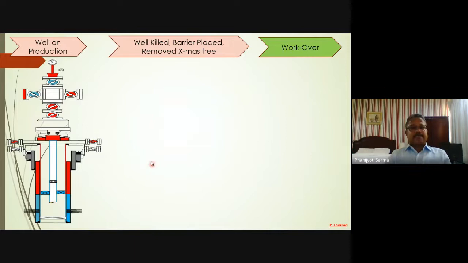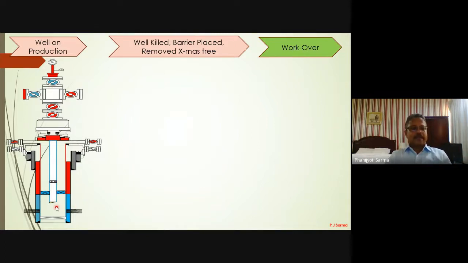So now this picture denotes the well on production. You can see this blue section talks about the barriers. This is the primary barrier. What is the primary barrier? When the well is produced, the hydrocarbon is always in touch with those barriers.